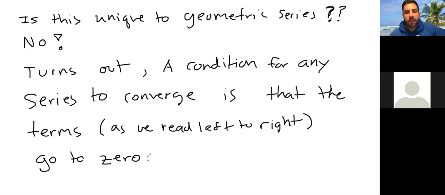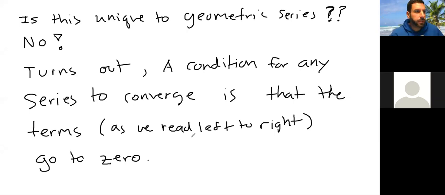What is the only conceivable way that a pattern would make sense to have a sum? If you ponder that, you're likely to conclude that it has to look like the series we've been studying, that the terms, as you read from left to right, are going to 0.